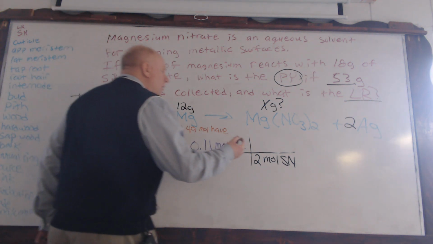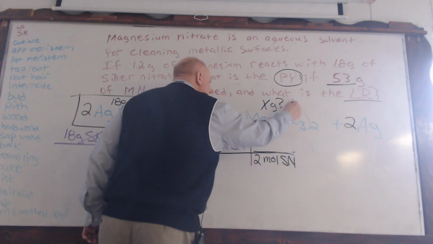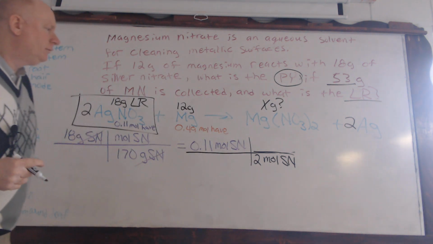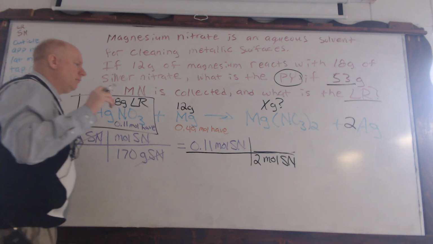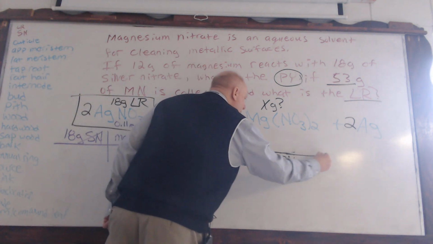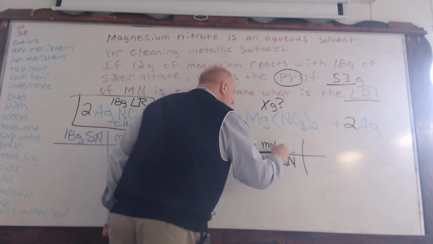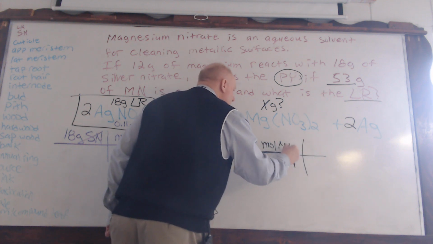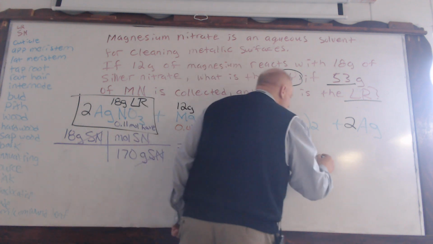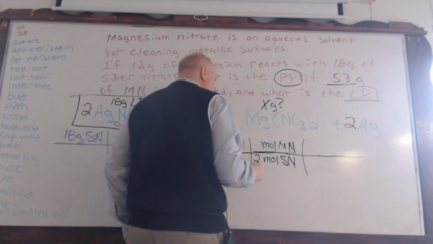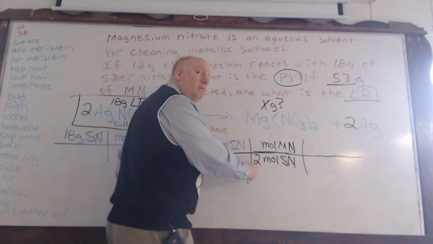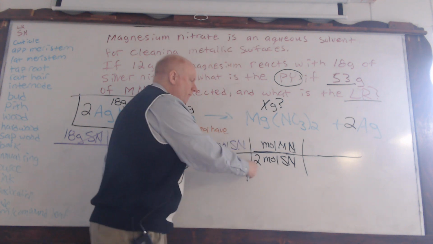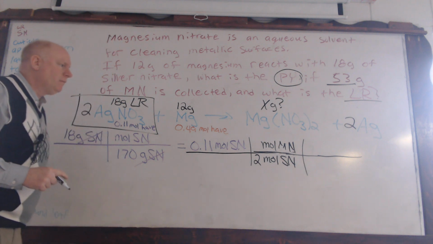So now, how are we going to get to this side of the equation? Close. Mole to mole. So for every mole of magnesium nitrate, does this 2 still belong here? No, we already used it.